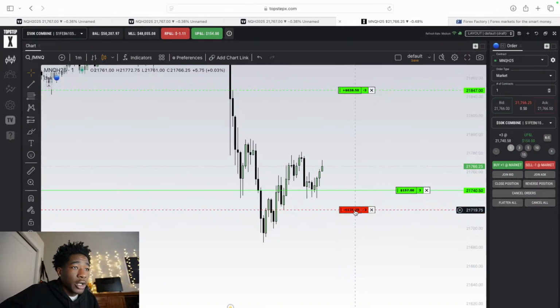I'm moving my stops here now for sure. 5-minute candle. Let me see how this 5-minute candle closes first. I want to see us completely fill that, close outside of it, then I'll move my stops.